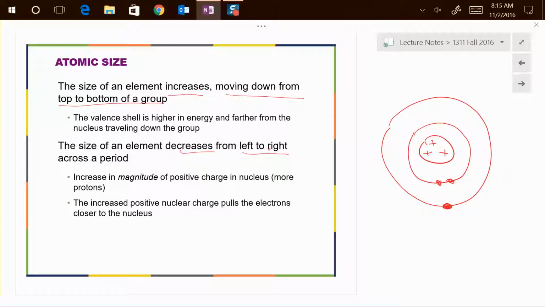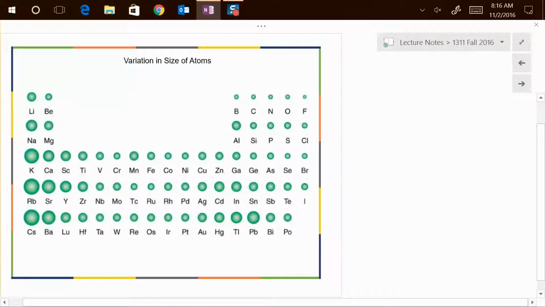And we talk about, okay, fluorine is small. As I move away, it increases in size. As I move away from fluorine in any direction, the size is increasing. That's the first trend. So here you can kind of see that.